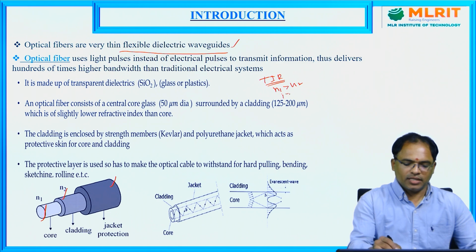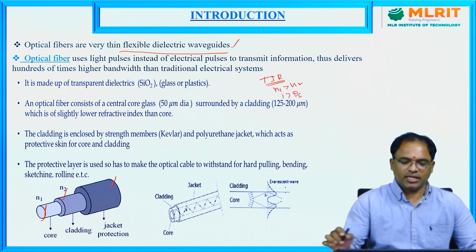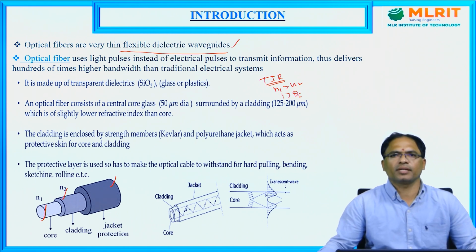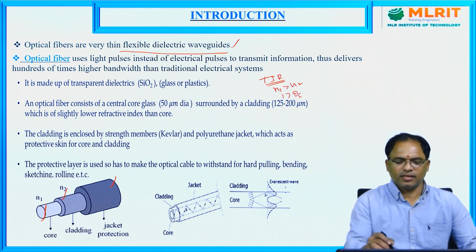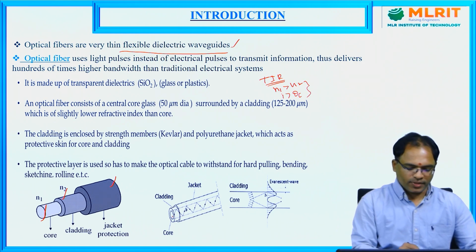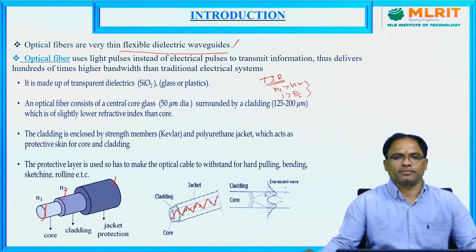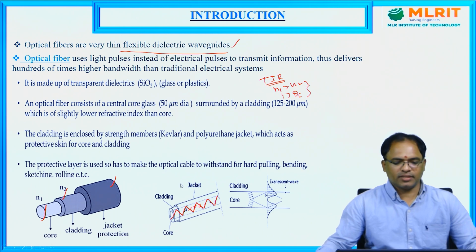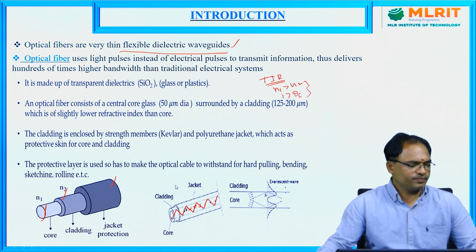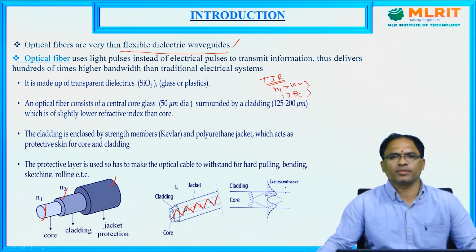The second condition is the angle of incidence at the core-cladding boundary must be greater than the critical angle. When these two conditions are satisfied, the light beam propagates through the core of the optical fiber by the process called total internal reflection. This is the introduction to optical fibers, that is what we discussed in the previous session.